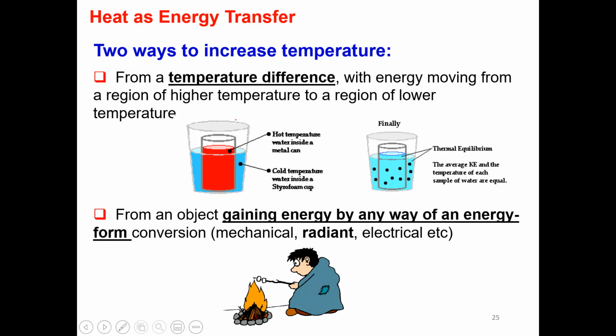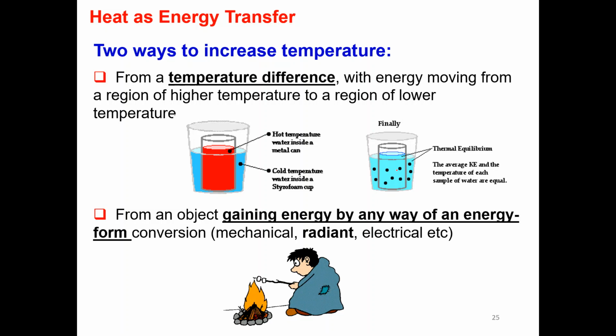In this case we had a similar idea: cold water in one cup and hot water in another. We put one into the other, and after some time they reached thermal equilibrium at the same temperature. The energy is always moving from the region of high temperature to the region of lower temperature.